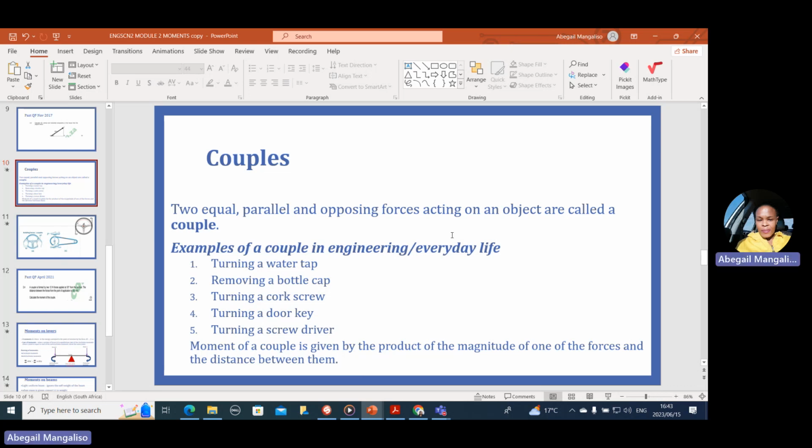Now, you'll be calculating the moment of a couple in this section. The moment of a couple is given by the product of the magnitude of one of the forces and the distance between them. Now let's have a look at this activity from the textbook.